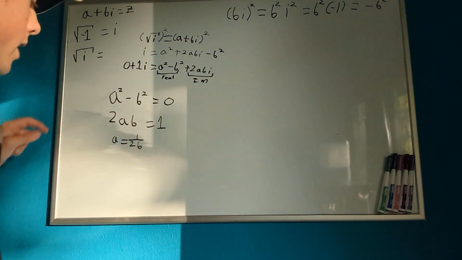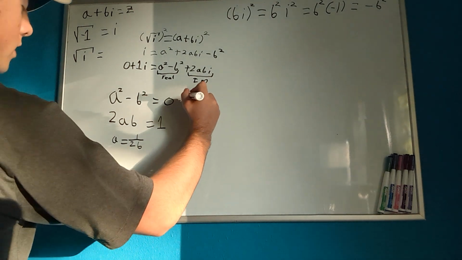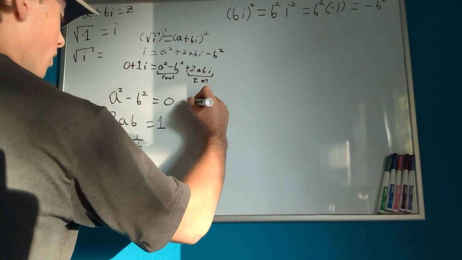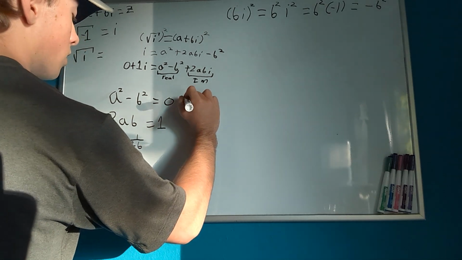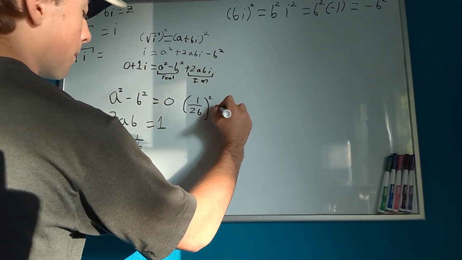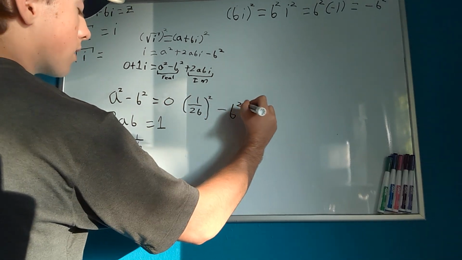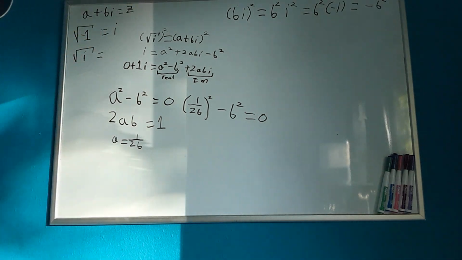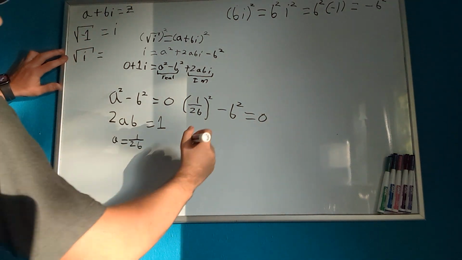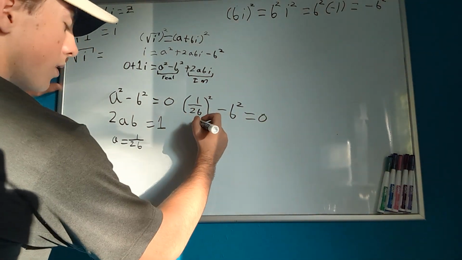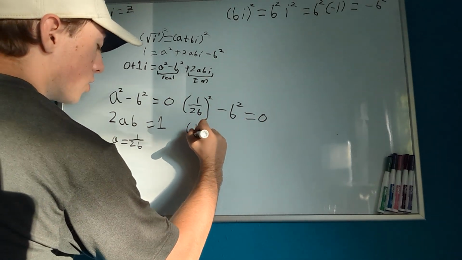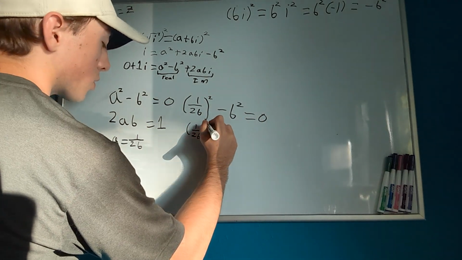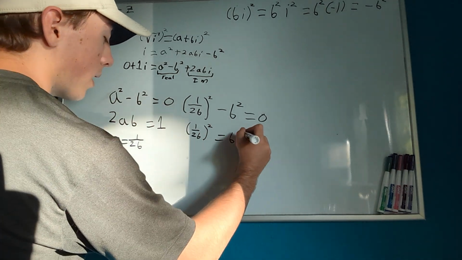So let's come back up here and plug that in for a: (1 over 2b) squared minus b squared equals 0. Then let's add b squared to both sides. We get (1 over 2b) squared equals b squared.